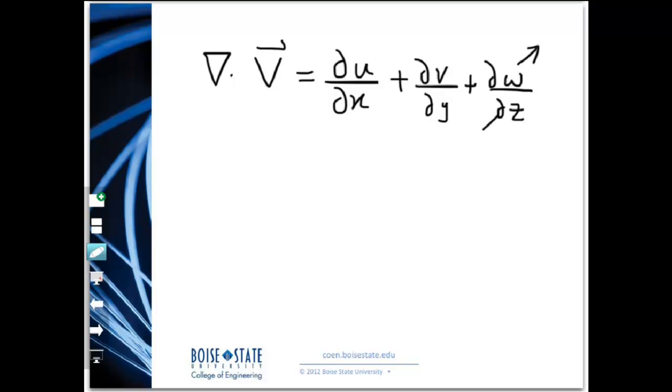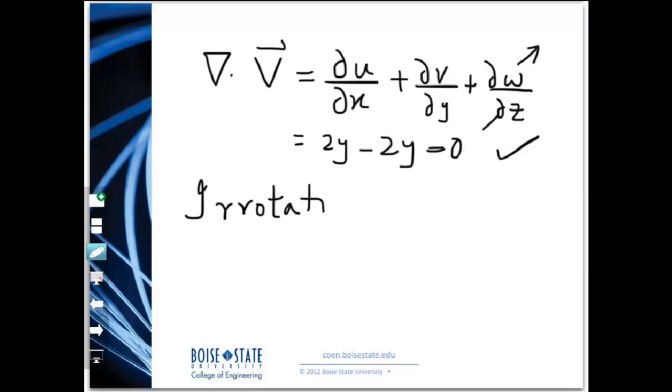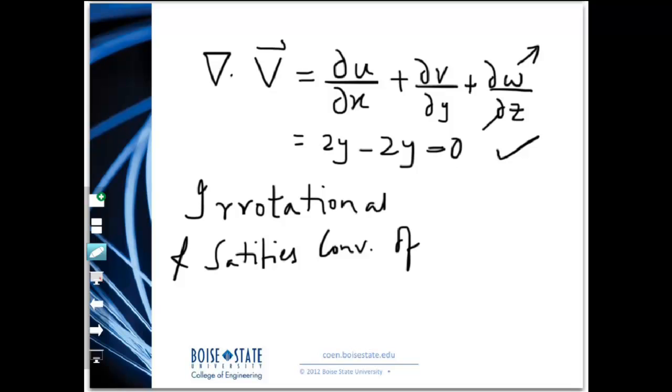There is no w component, and you can compute these two easily. So this is 2y minus 2y is equal to 0. That means it also satisfies conservation of mass. So it is irrotational and satisfies conservation of mass.